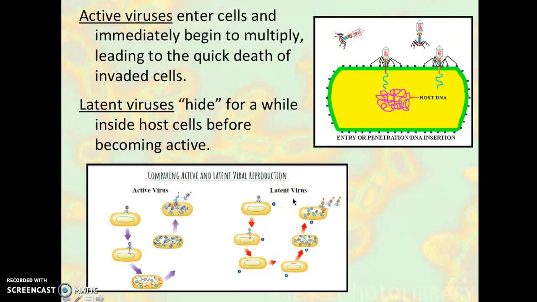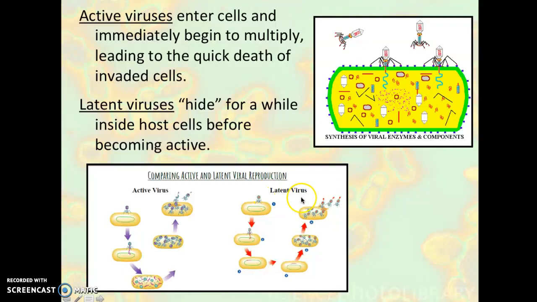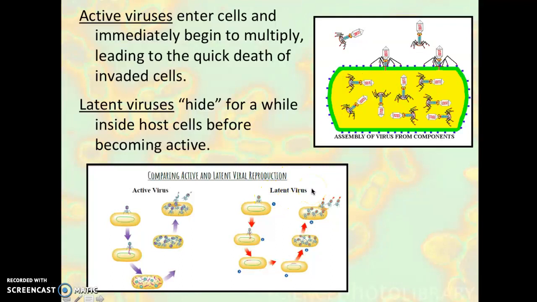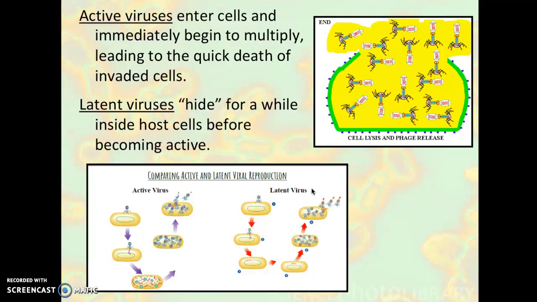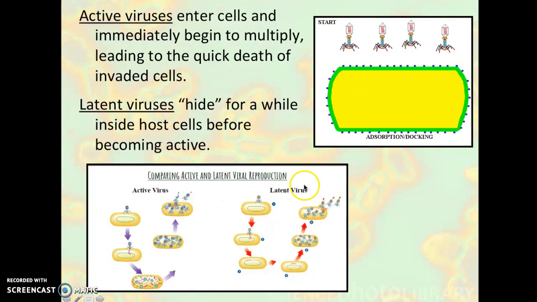Cold sores are a common latent virus. I get cold sores, and the virus is always in my body. When I get stressed or I travel, the virus becomes active, and I end up having a cold sore. And so, you know, normal times that virus sits latent in my cells.